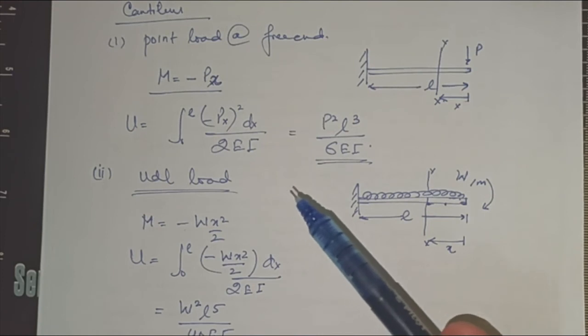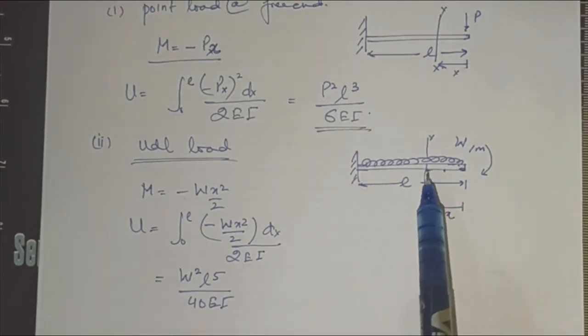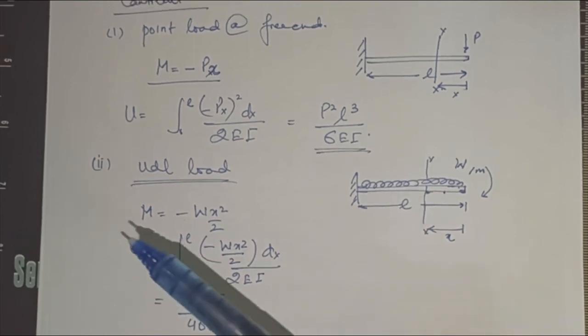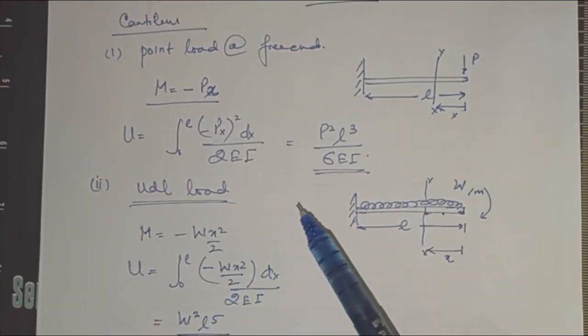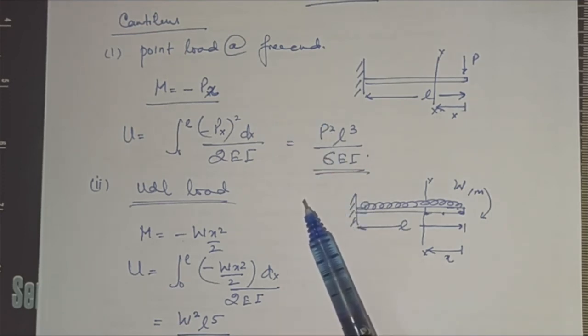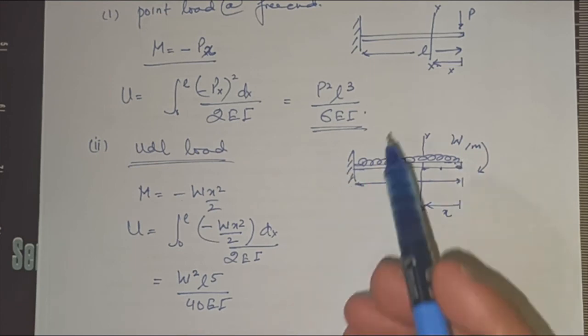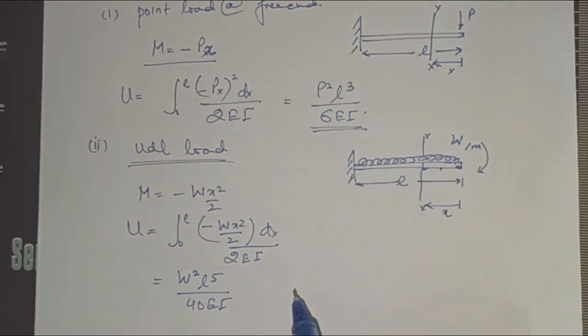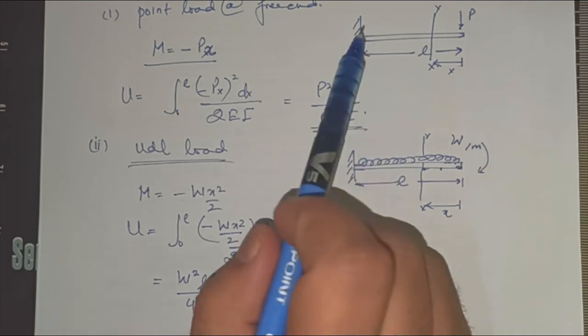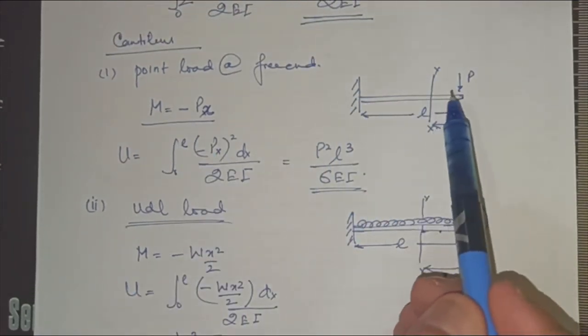For a point load, I think you should always go back and do it for yourself. For different cases this becomes a problem for you only. This is also a kind of problem in which load is there. Now I can apply two loads simultaneously. How will you solve it? You may be given different kinds of loading situations.